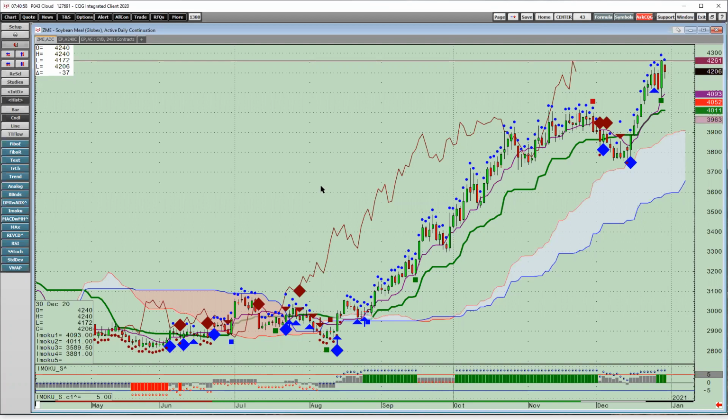So the sideways, the flattening, we do want to make sure that as far as trading, the purple line is above the green line. We'd like them to be fairly close to each other and fairly close to the bars themselves.